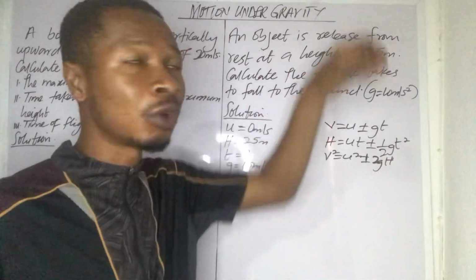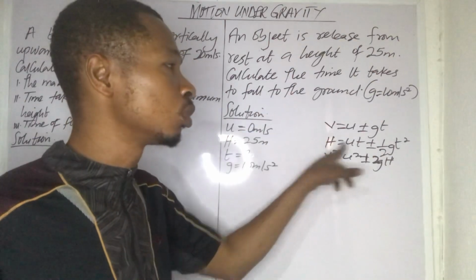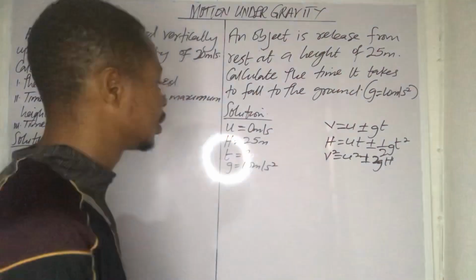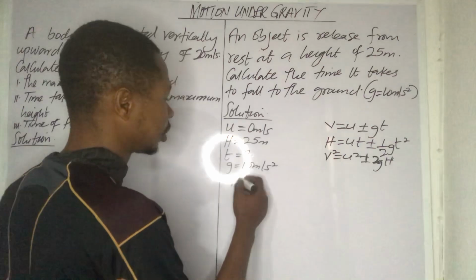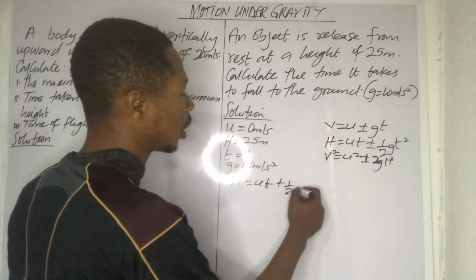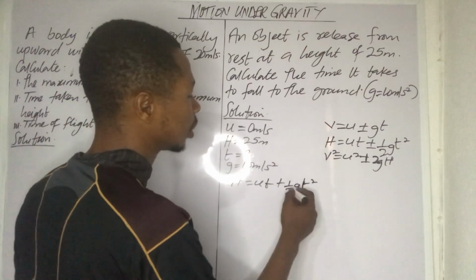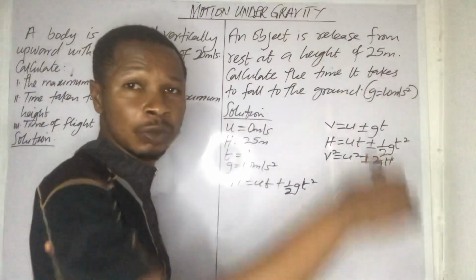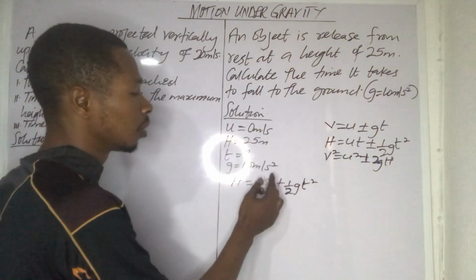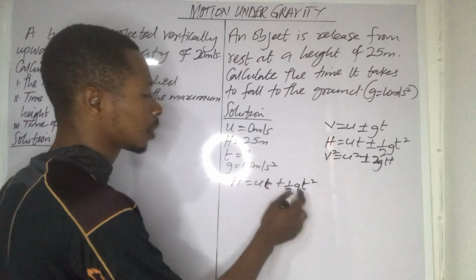Since the body is dropped from a height and I'm using equation 2, I'll use the positive. So h is equal to ut plus half gt squared.